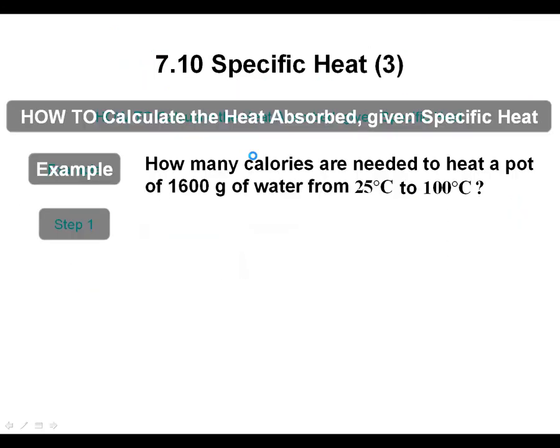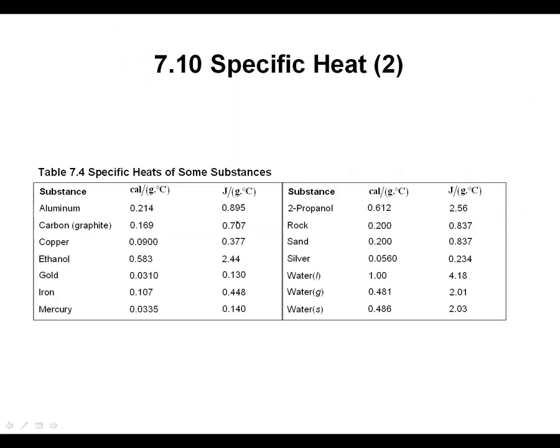And here is a table of some specific heat capacities, both in calories per gram per degree Celsius and joules per gram per degree Celsius. This is found in your book, I believe, as well. As I was just mentioning, water has some different values. Again, these are all water, but they are in different states.